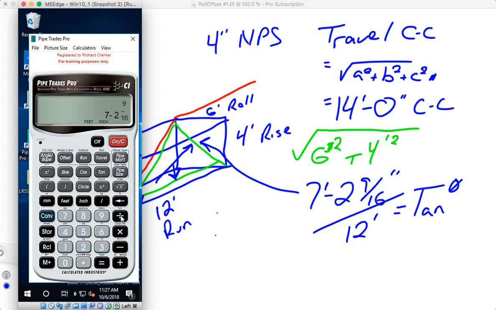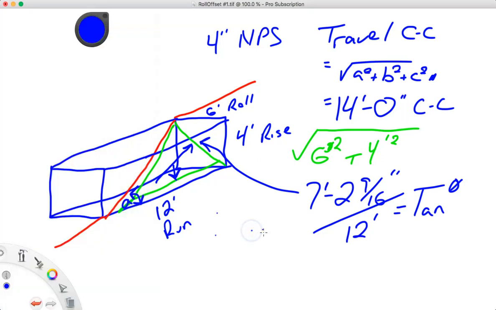Divide that by 12 feet equals 0.600925. That is our tangent. Okay, we want the angle. What angle does that tangent represent? So we're going to hit convert tangent. That's 31 degrees. Okay, so now we know the angle of our fittings. Our fittings are 31 degrees.